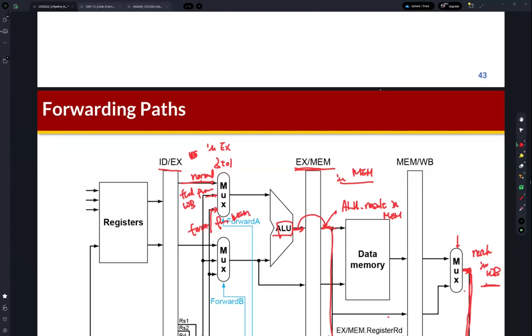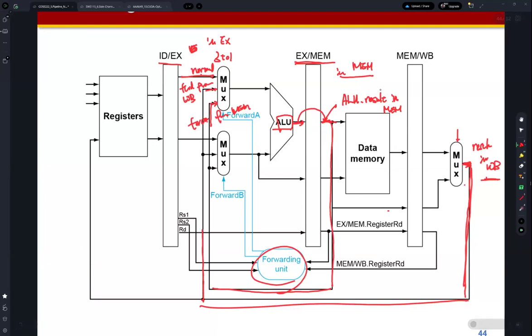The forwarding unit generates the selection signal of this multiplexer, which means the multiplexer can select the output from these three input data. This is for the first input port of the ALU, and we can also apply the same forwarding multiplexer for the second input of the ALU.